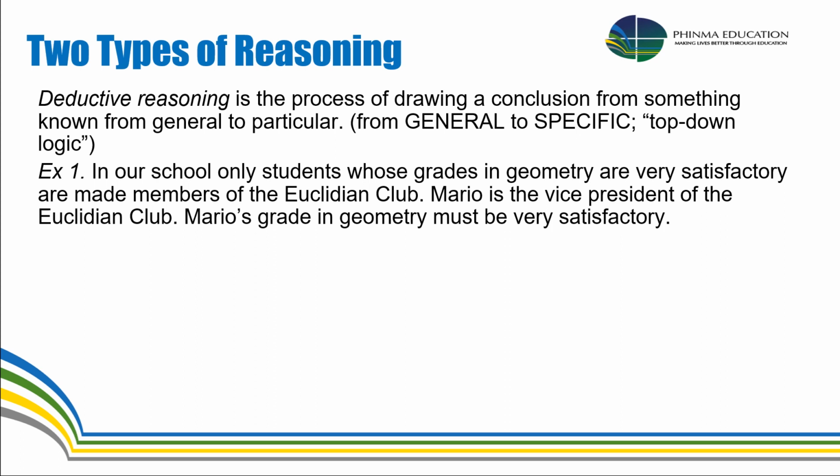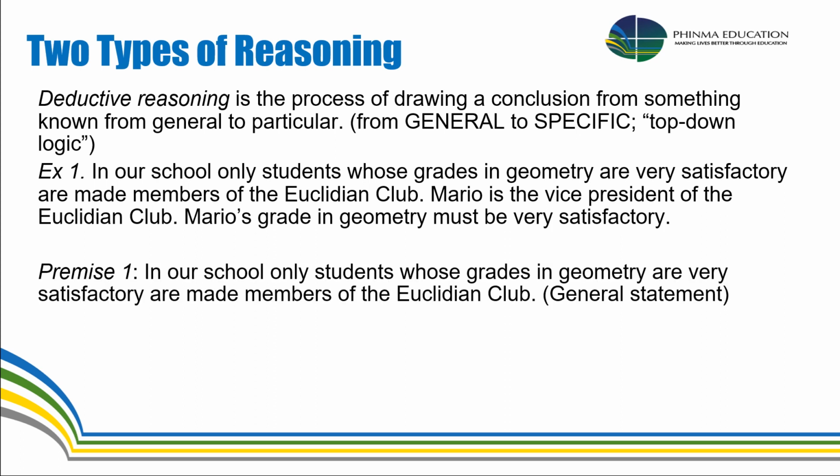Sabi diyan, sa school daw po nila, tanging ang mga estudyanteng very satisfactory ang grade sa geometry ay yung mga member ng Euclidean Club. Si Mario daw is a vice president of the Euclidean Club. So, meaning, yung grade po ni Mario sa geometry must be satisfactory.